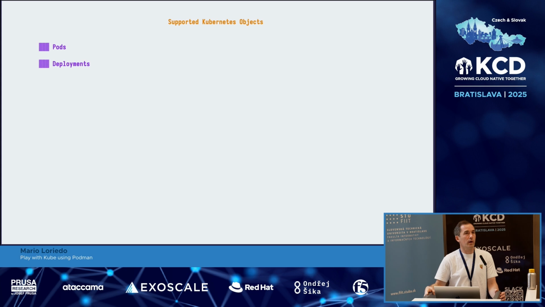If you have a couple of replicas in your deployment, it will only run one pod. That's because, from a networking point of view, we don't have something like an ingress in Podman, so there is no load balancing possible locally. At least we haven't implemented that. There is no real request for that. So for now, deployments exist, but are limited by the fact that there is no load balancer.